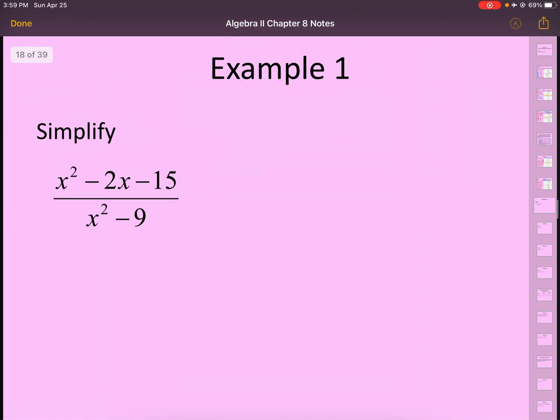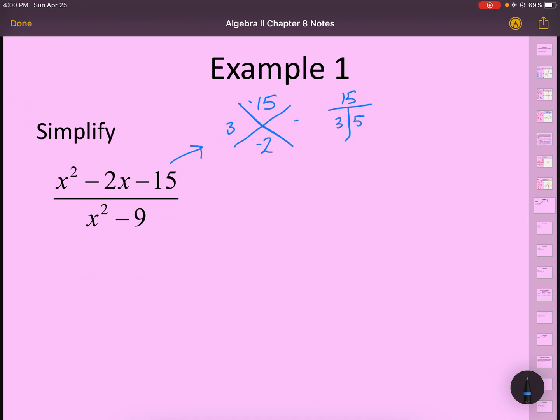So in example 1 here, we don't have anything to cancel out quite yet, but we can first factor the numerator and denominator. If I factor the top, again using the x method, I'm going to put negative 15 up top here and negative 2 in the bottom. If I have factors of 15 that add to 2, 3 and 5 do work.